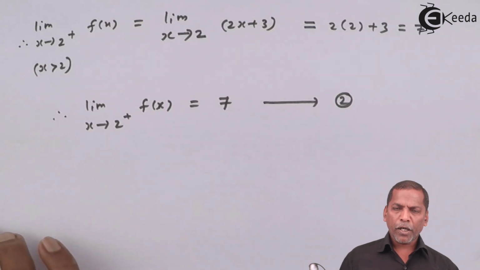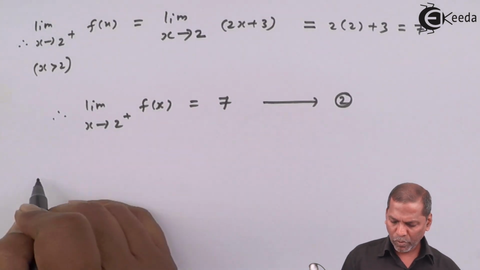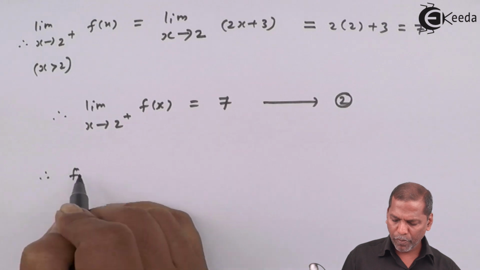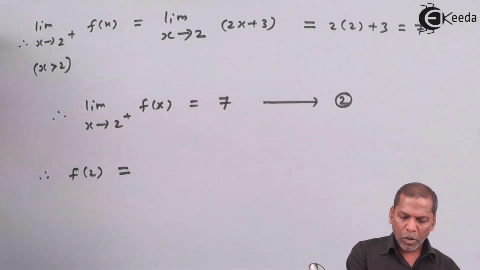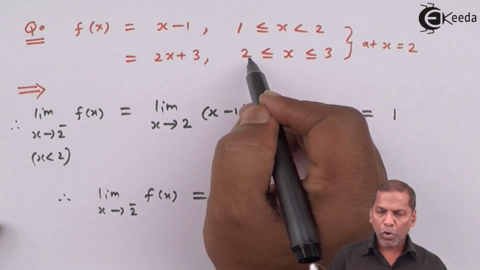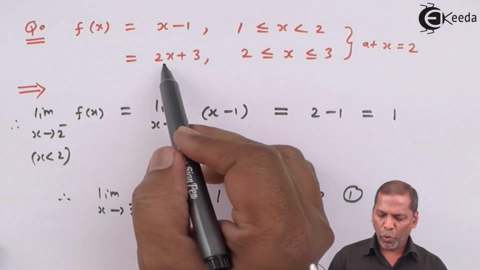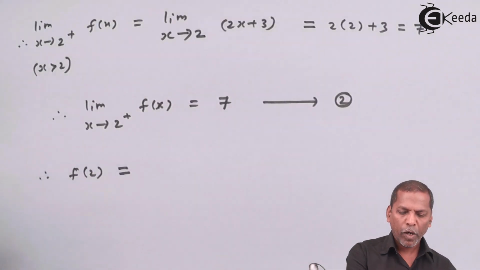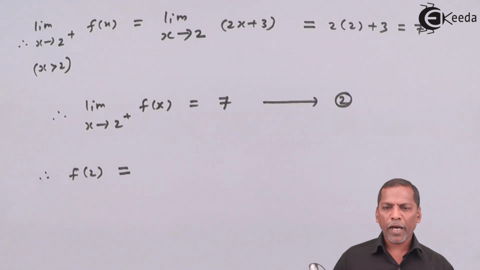Now we consider the third part, that is x exactly equal to 2. It means f of 2. Now in the question, when x is equal to 2, we have f of x is equal to 2x plus 3. And in that function, we have to substitute 2 for x.